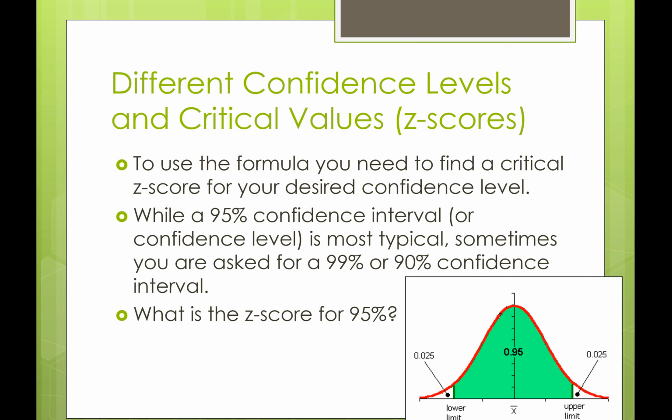Now, if your calculator doesn't have that menu and it defaults to doing z-scores to the left of whatever probability you give it, if it's the area to the left, then you can just give it half of the remaining percentage. So since 5% is left after the middle, you can divide the 5% between the two tails and just put in that number if you don't have the left, right, center option.